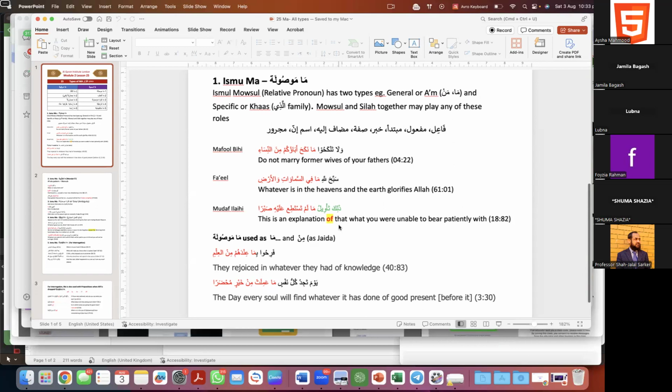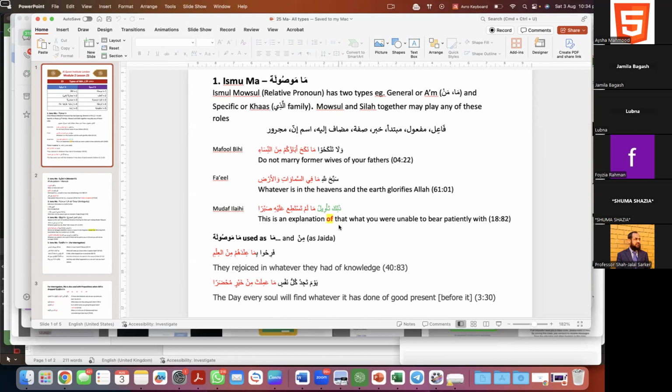So ma and man, these two are general, common, ordinary types of Ismul Mawsul. Ma indicates object, non-being, you remember? And man indicates what? Human being.